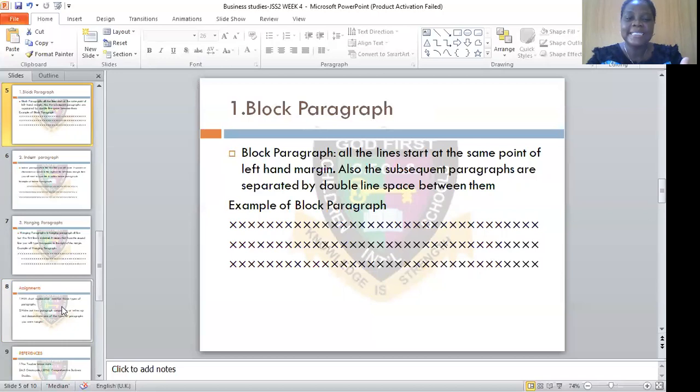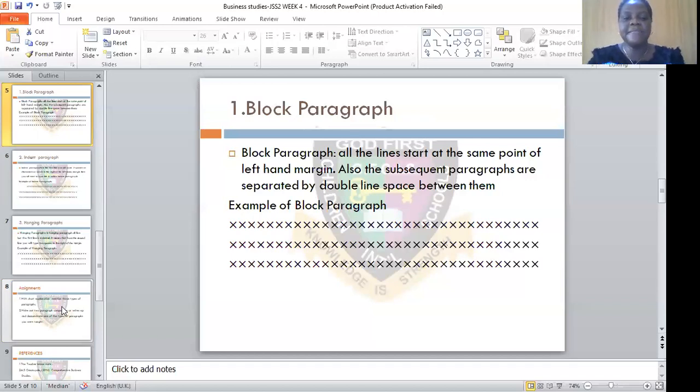And this line is called the margin. So whenever you want to write your letter in block paragraphs, it starts from the left margin, then you continue to write towards your right margin. And every subsequent line, every subsequent paragraph is written as well from the left margin, on the same point.